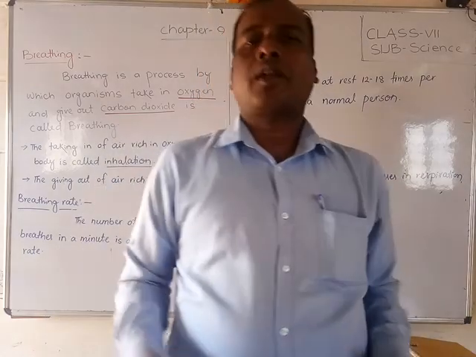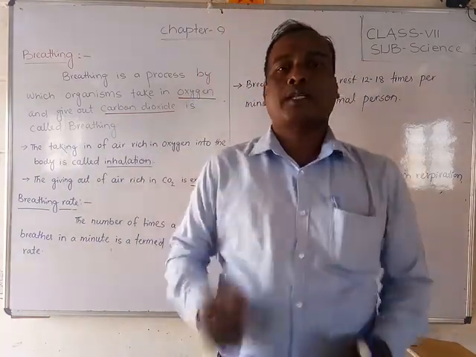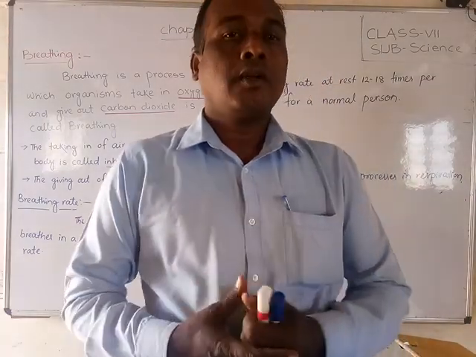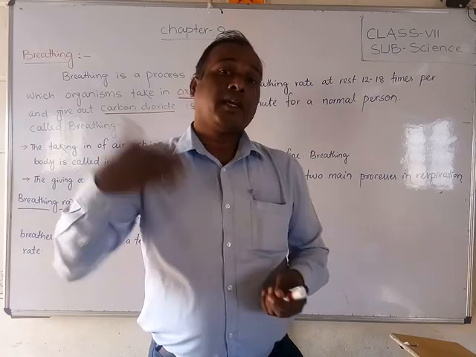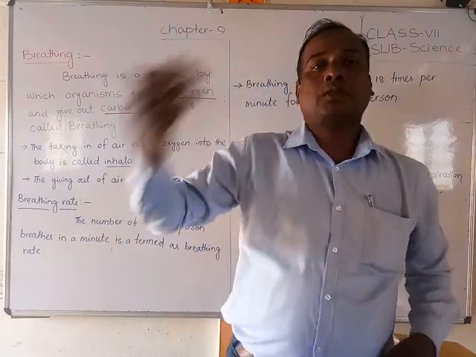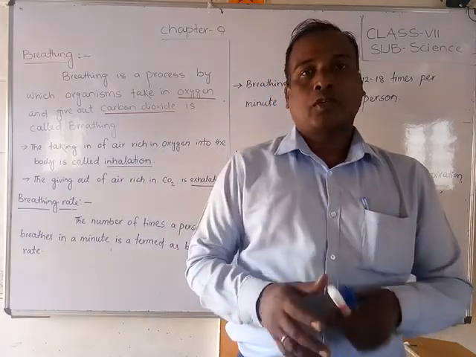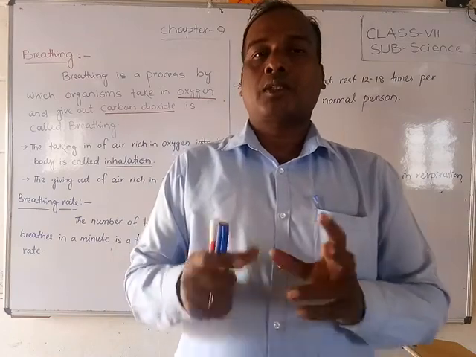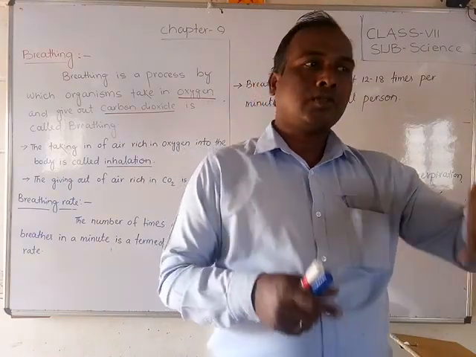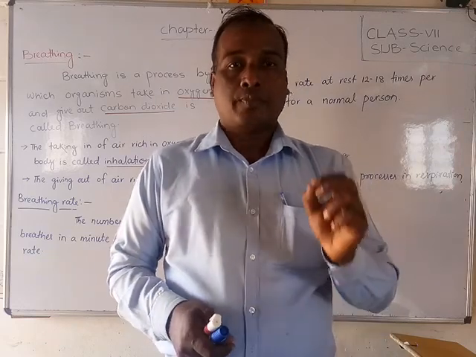For a healthy human, if you run or exercise, the breathing rate will increase. It may be 30 to 40, more than 24 or 25. But for a person at rest, sitting simply, what is the breathing rate?